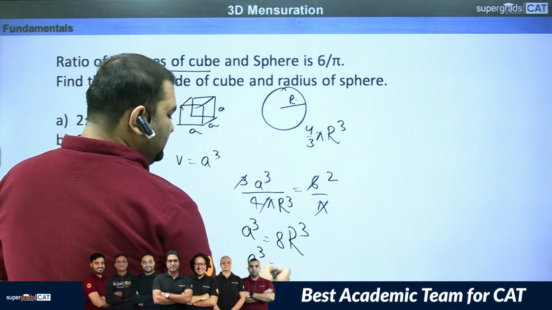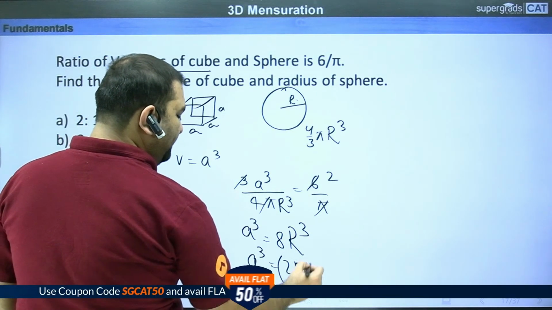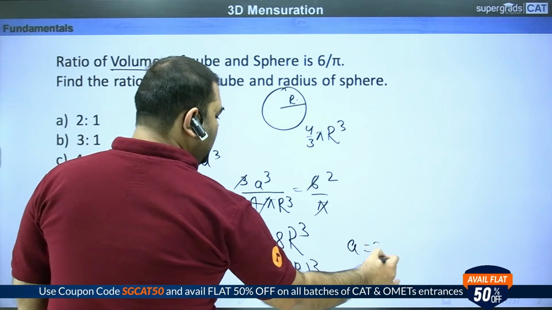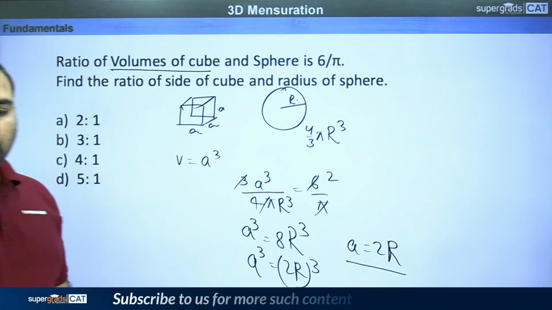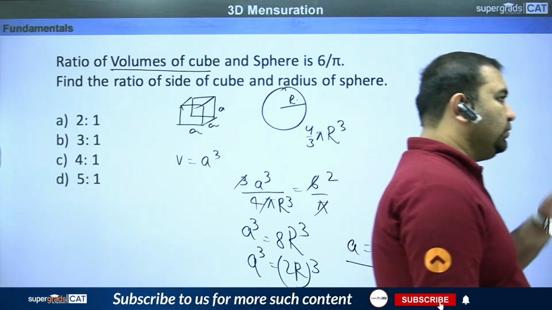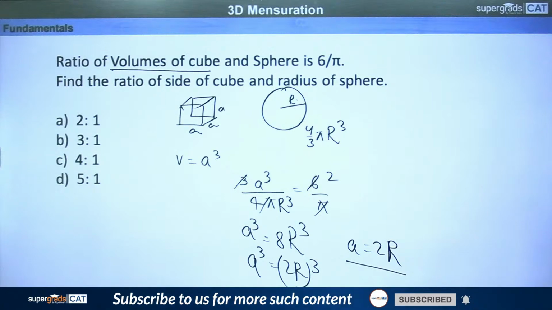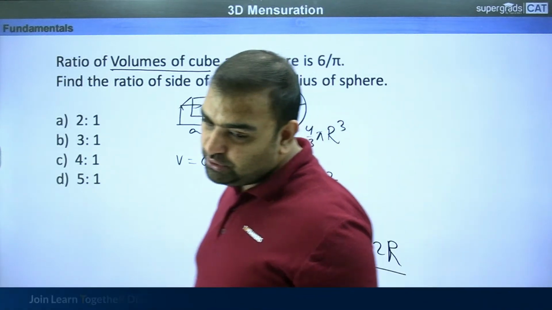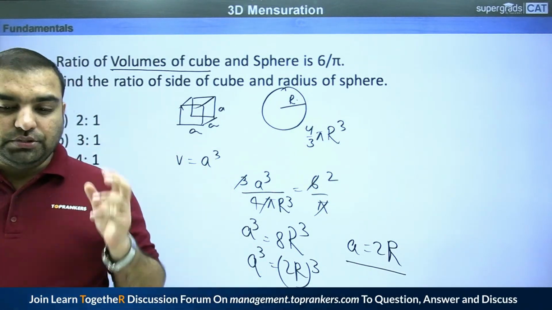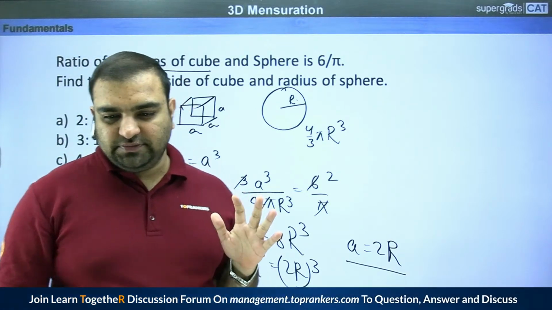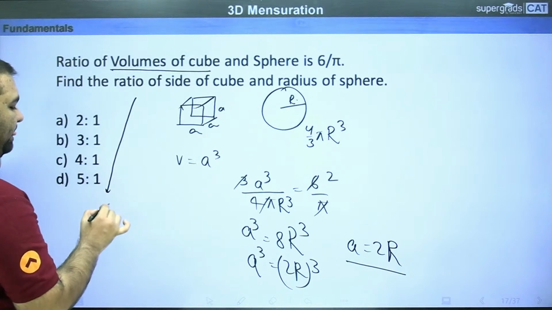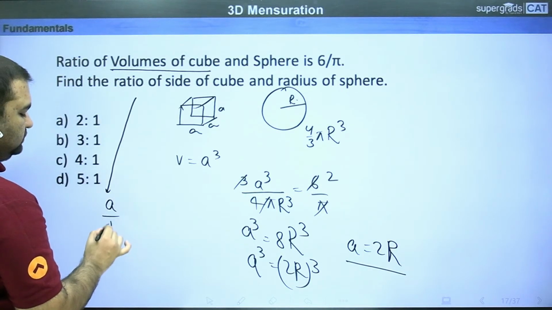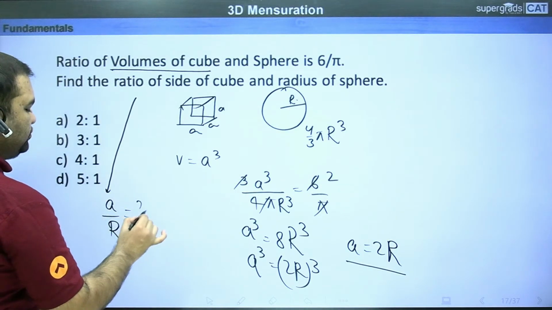A cube is 2r का whole cube. So a is equal to 2r. Side of the cube should be double the radius of the sphere. Side of the cube और radius of the sphere का ratio पूछा है. A is 2r.